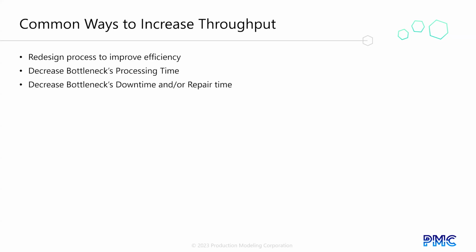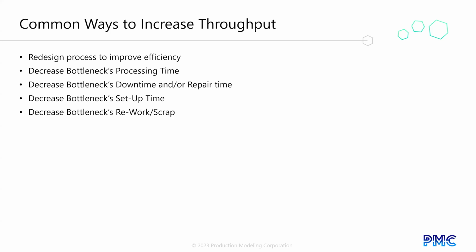Similarly, decreasing the bottleneck's downtime or repair time can sometimes be done, perhaps through scheduled off-shift maintenance or purchasing a more reliable machine. If a setup is required at the bottleneck, you can look into decreasing that time, perhaps by adding another worker, streamlining the setup process, or purchasing equipment that requires less frequent and easier setups.